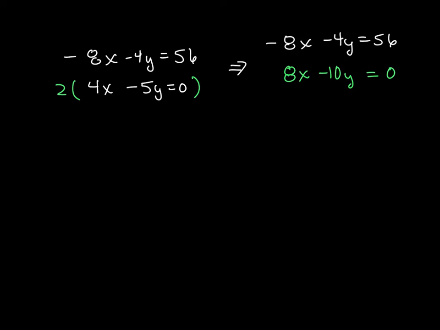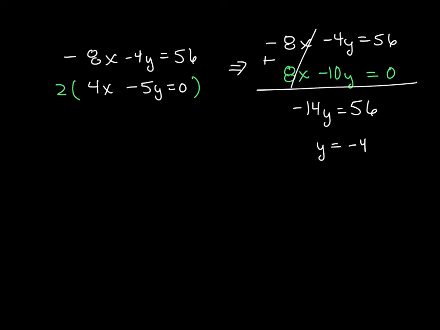But what we're looking for is this idea of opposite coefficients. So now, if I add these equations together, the 8x's become 0, and I'm left with negative 14y is equal to 56. I divide both sides by negative 14, and I get y is equal to negative 4.